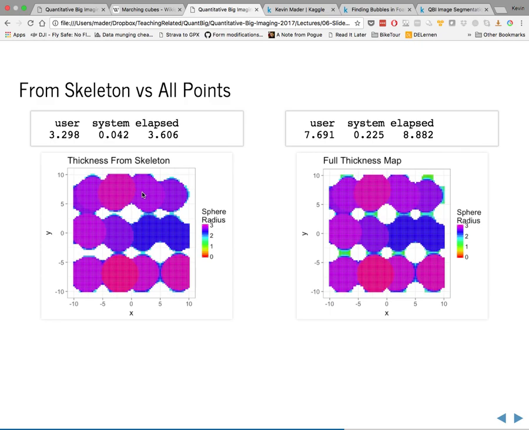So if you were to do the histogram of how much volume is at which radius, that histogram would then show you less volume for this dark purple, because some of the dark purple is being taken up by a bubble that's even larger.